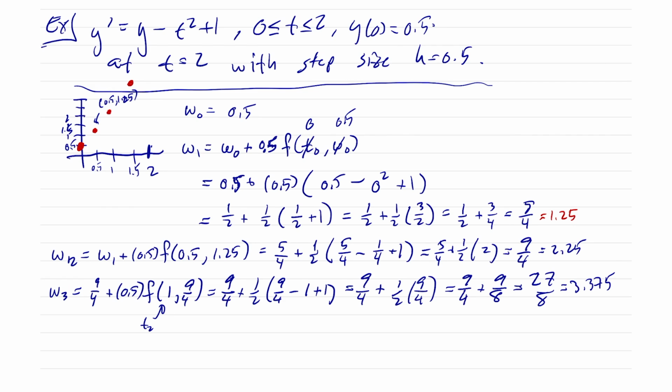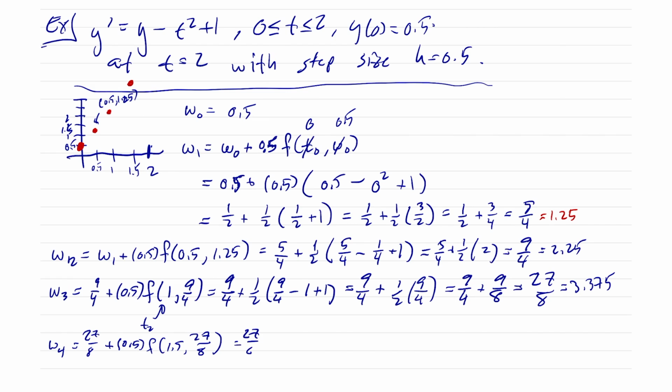We've done math. So we get W4 is equal to W3 plus 0.5 times f of 1.5 comma 27/8. Oh man, I don't know if I want to be an adult. 27/8 can go in here.